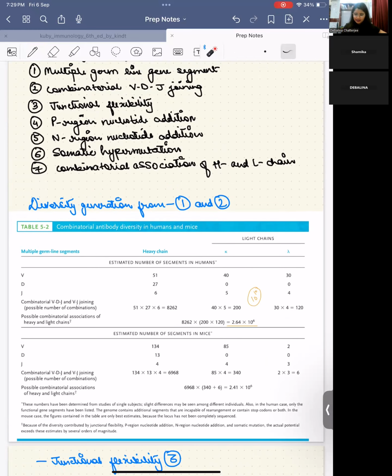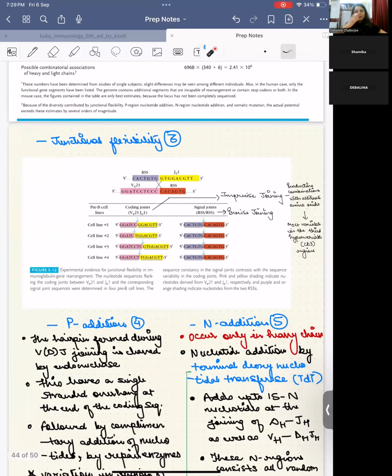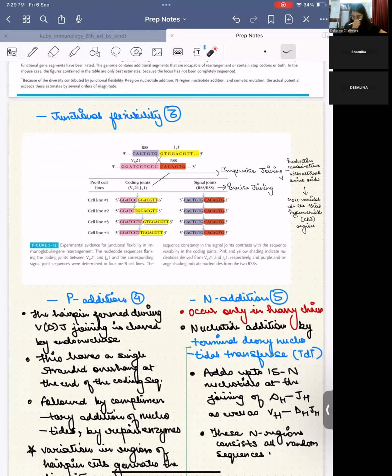This exactly is all the factors, so not this, because the association part we have already accounted for. So these four mechanisms are almost diversifying the possible combinations by another 10,000 times, right? So we will come to each of it one by one.